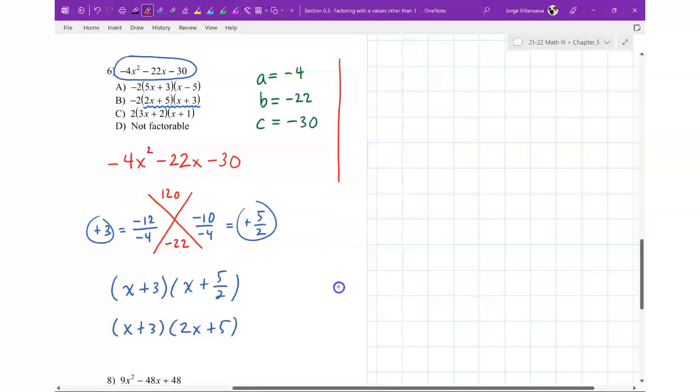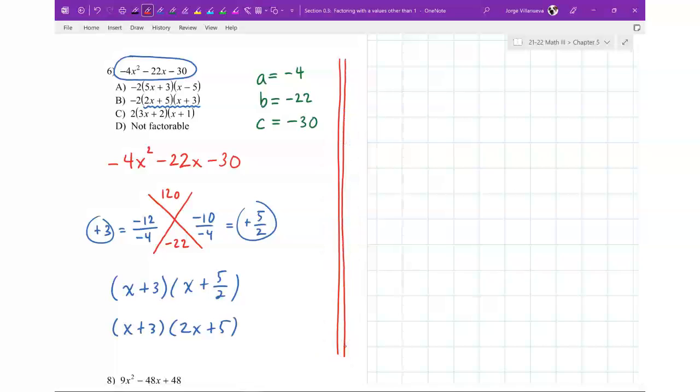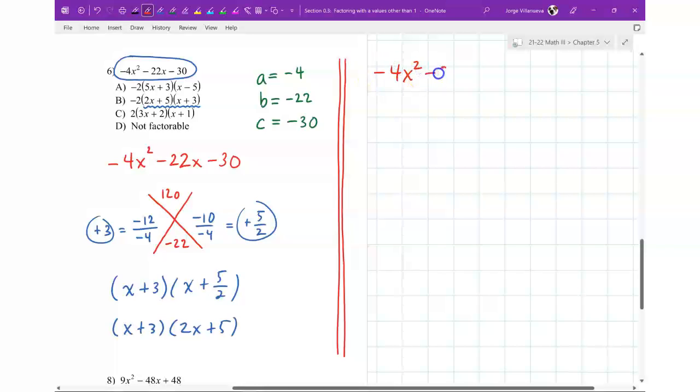So what they wanted you to do, and that's why I'm going to do an extra problem with you guys, just to make sure you get this. They wanted you to factor, okay? They wanted you to get -4x squared minus 22x minus 30, and they wanted you to take out a -2, which would have left you with 2x squared plus 11x plus 15.